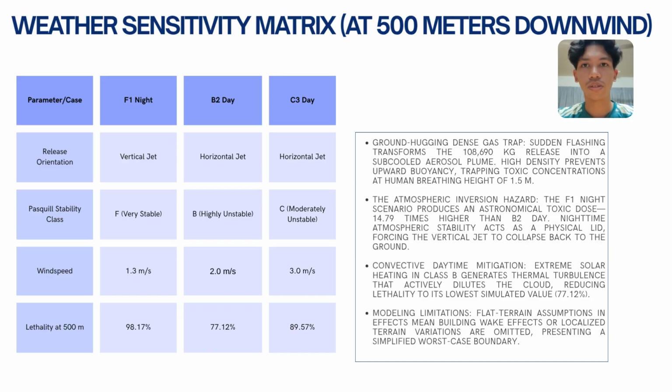So overall, this result shows that weather conditions significantly influence toxic gas dispersion, and stable night conditions produce the most severe consequences, while unstable daytime conditions reduce the hazard by enhancing the atmospheric mixing.